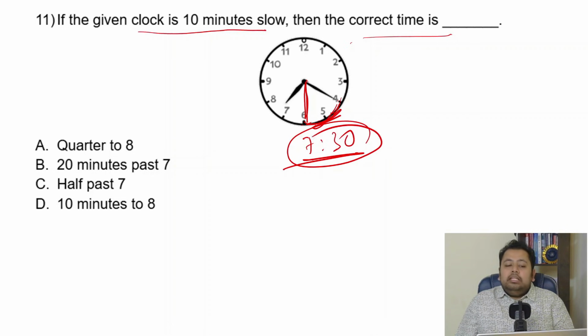So what is 7:30 called? It is half past 7. Half of 60 minutes is 30 minutes. So 7:30, half past 7, is your correct answer. Option C. So hopefully you got this one correct as well.